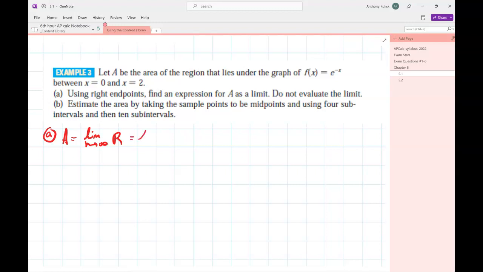But we can do better than that. Because the thing I don't like is the variable of the limit is an n, and I don't have an n anywhere in that, right? So what I want to do is rewrite this so that I have some n's running around in here.